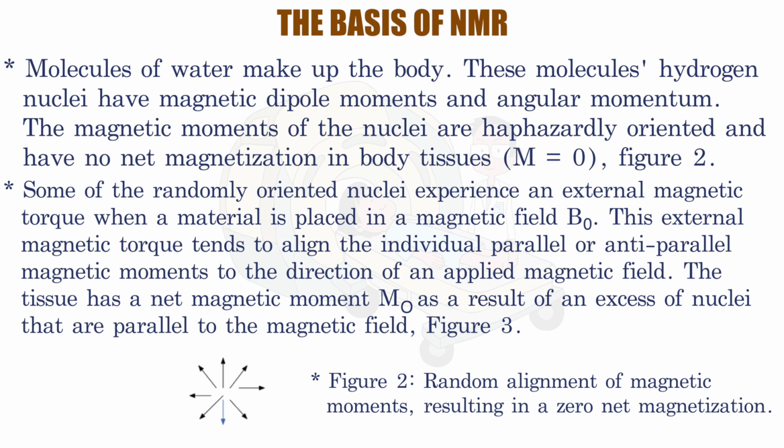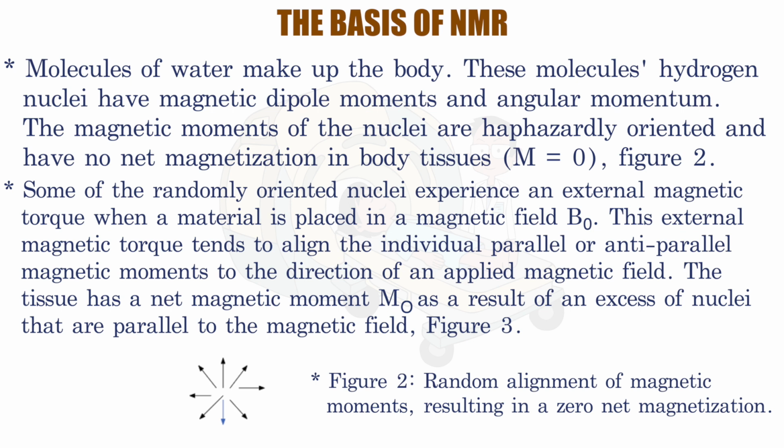Some of the randomly oriented nuclei experience an external magnetic torque when a material is placed in a magnetic field B naught. This external magnetic torque tends to align the individual magnetic moments parallel or anti-parallel to the direction of an applied magnetic field.